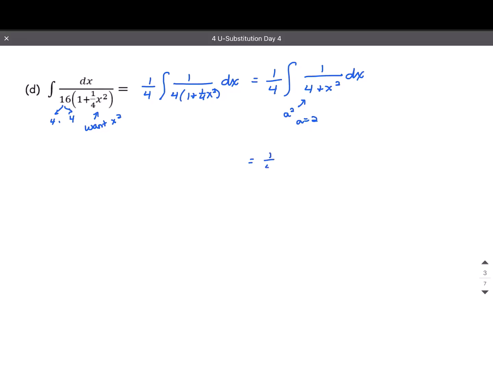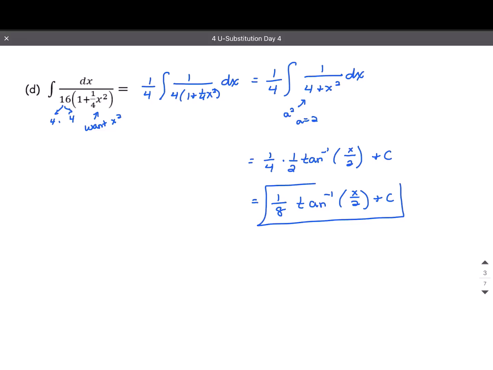Now I keep the 1/4. This is in the tan inverse form, so it's tan inverse of x over the denominator a, which is 2. Don't forget to multiply by 1 over a and add c. So 1/4 times 1/2 is 1/8. Tan inverse x over 2 plus c.